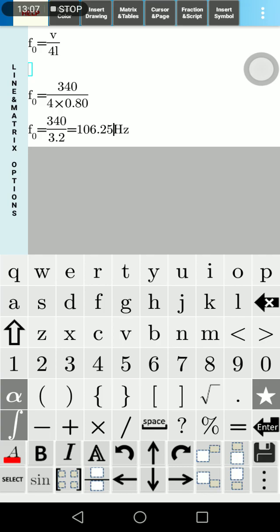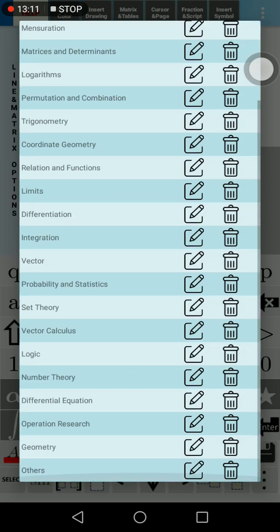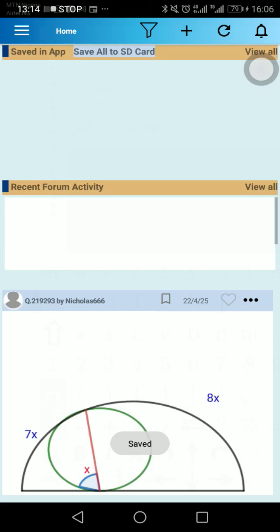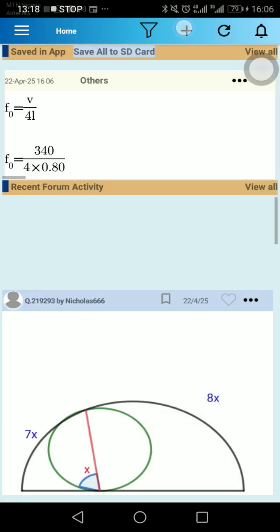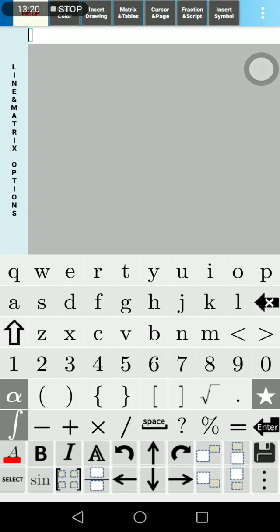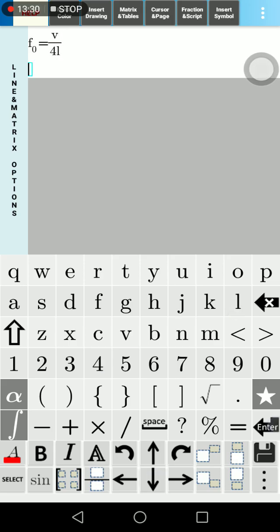Let me clear this. Still the same formula, f naught equal to v over 4L. They're giving me the frequency as 170 and the velocity as 340.